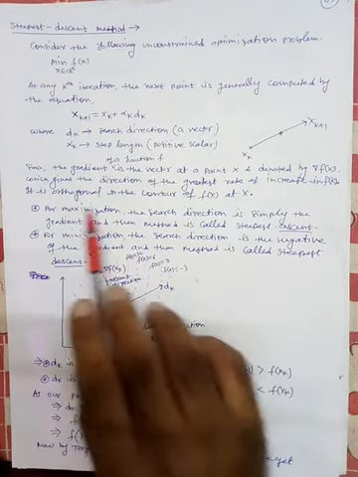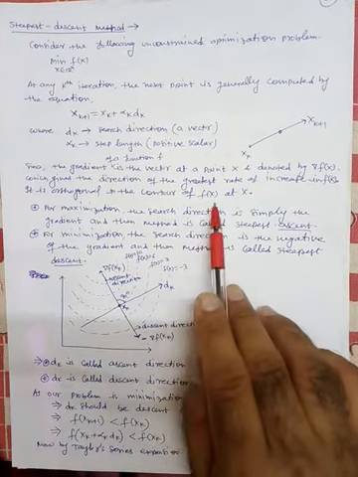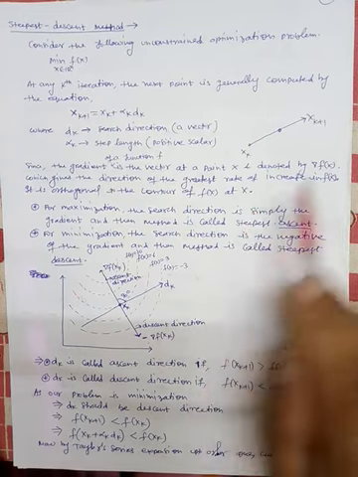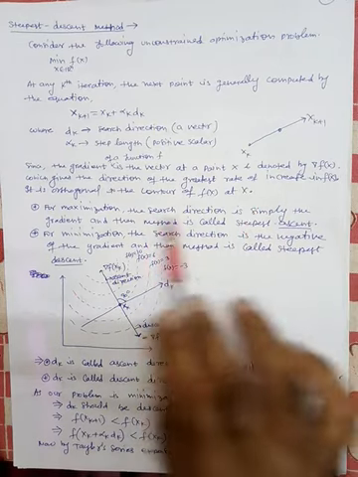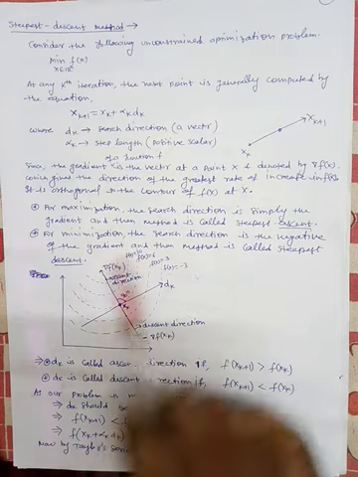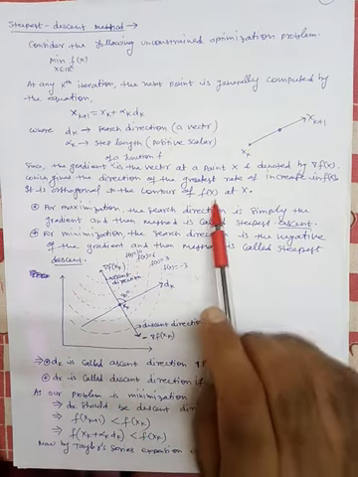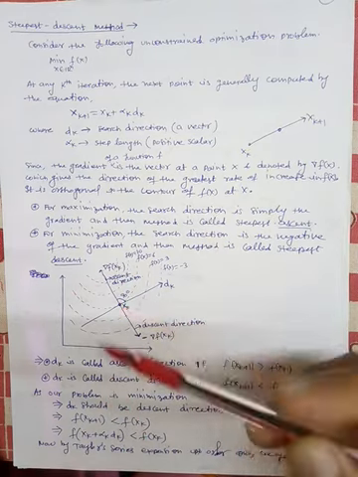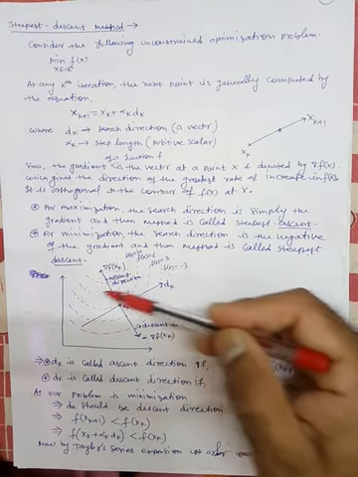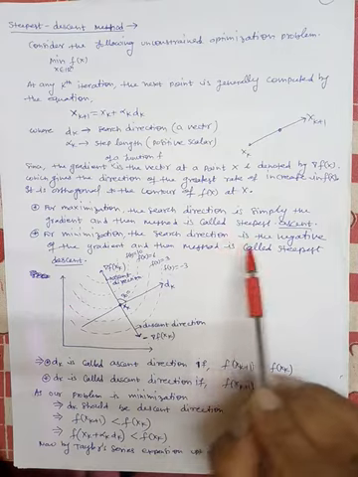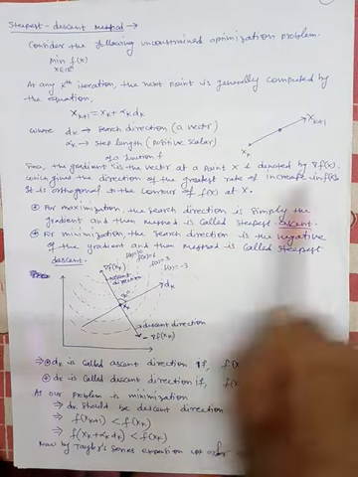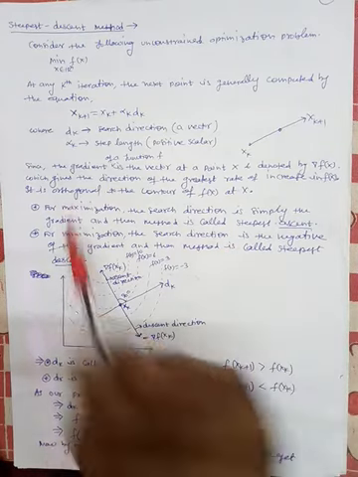So it is orthogonal to the contour of f of x at x. This gradient of f of x is basically orthogonal, that means perpendicular. If you look at this, this is the contour of your function f of x. So gradient of f of x is basically orthogonal.